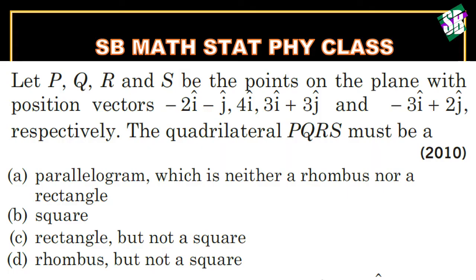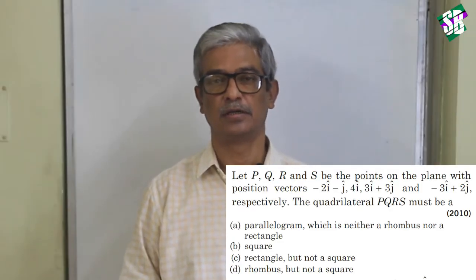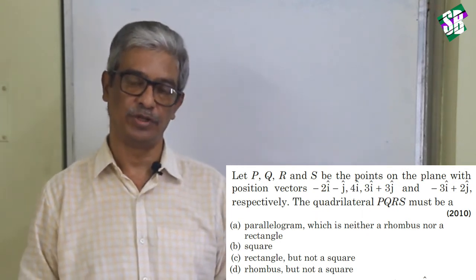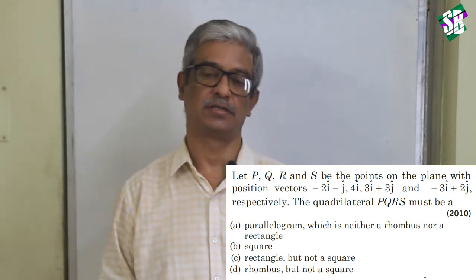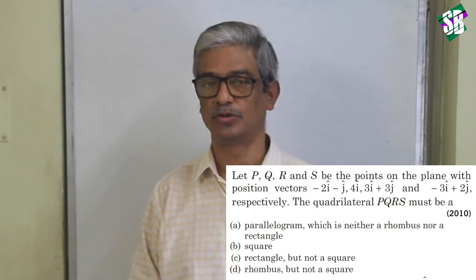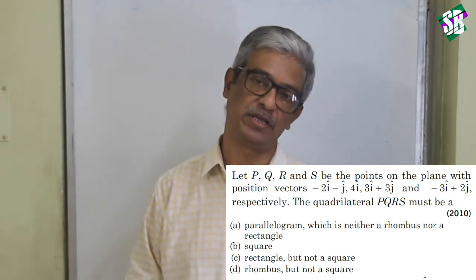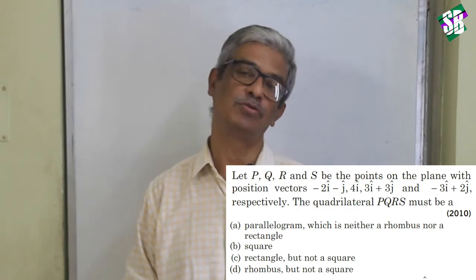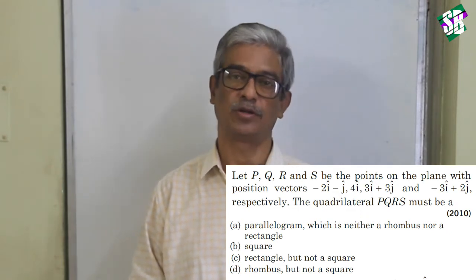Now take the next question from JEE Main. Here 4 points PQRS are given with their position vectors. So the quadrilateral PQRS is formed and you have to choose the correct option.